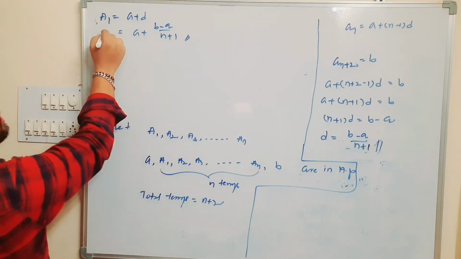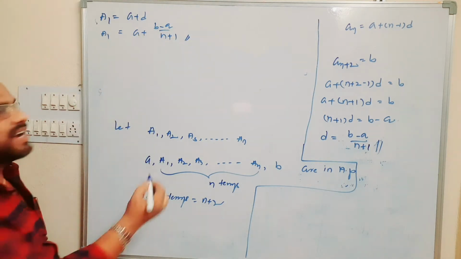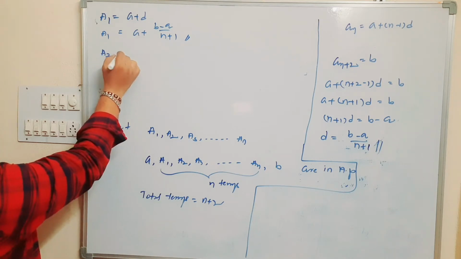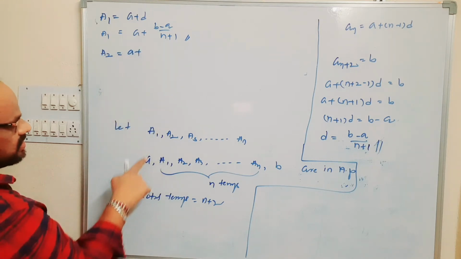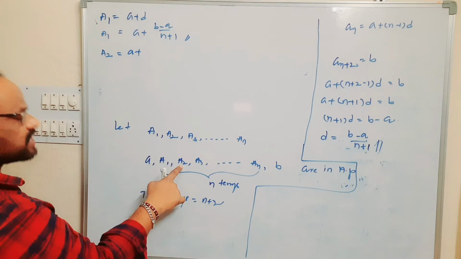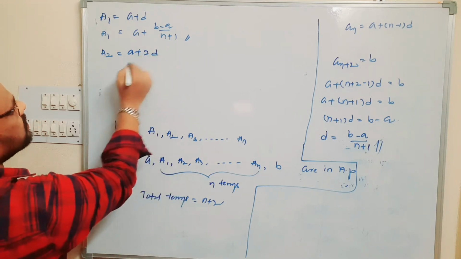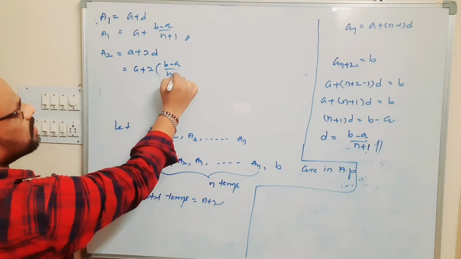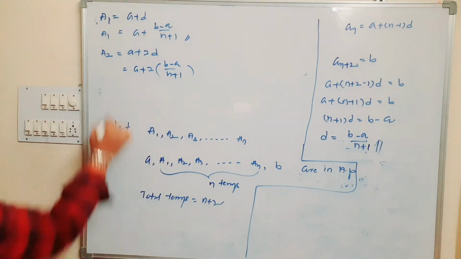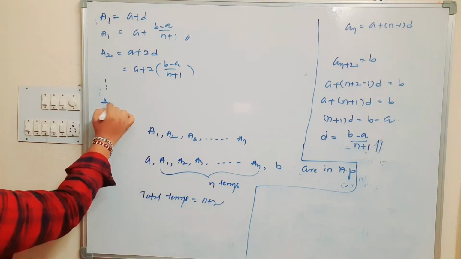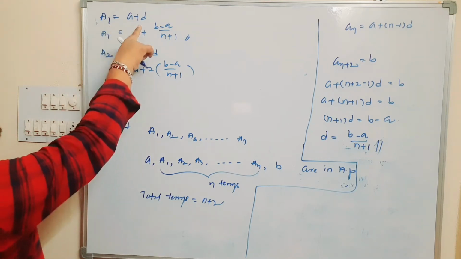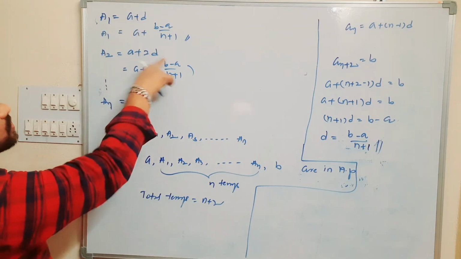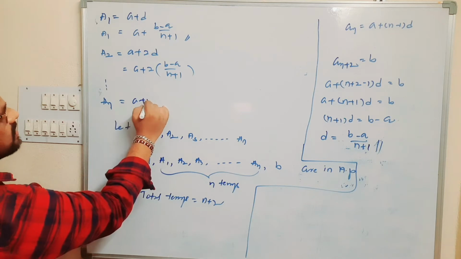This is a1. How to find a2? a2 is a plus 2d, which is a plus 2 into b minus a by n plus 1, and so on. For n, if 1 means a plus d, 2 means a plus 2d, then n means a plus nd.